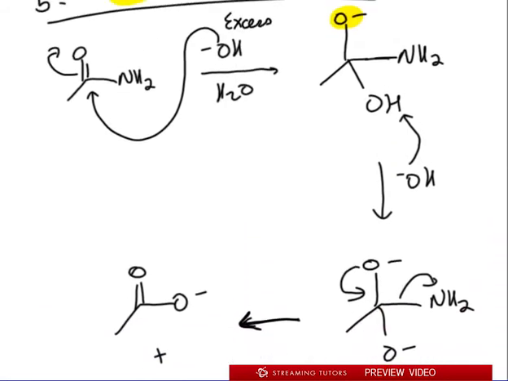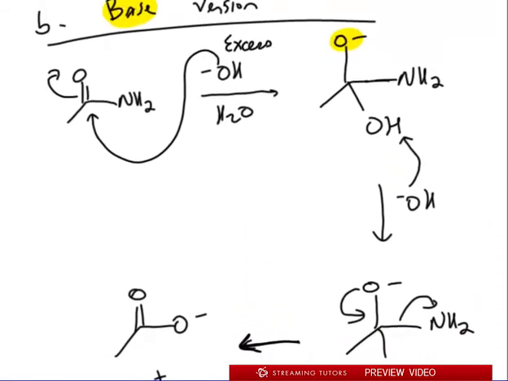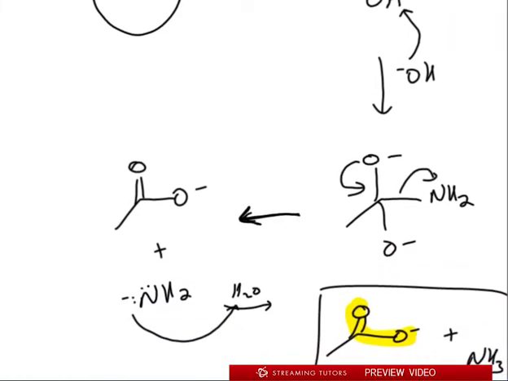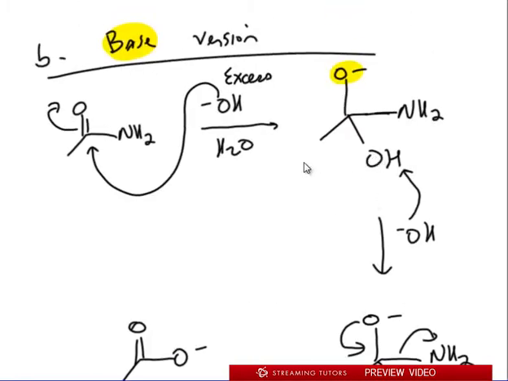Remember this, because if they give you a multiple choice question and they say which is not an intermediate, you might see this 2 negatives here and say that's not an intermediate. And really, under most conditions, it wouldn't be, but here's an exception. Okay? So when you take an amide to turn it into a carboxylate in base environment, you have to make a -2. A negative twice on the oxygen. 2 oxygens that are negative, sorry. Okay? So they have it. So that covers this right here.